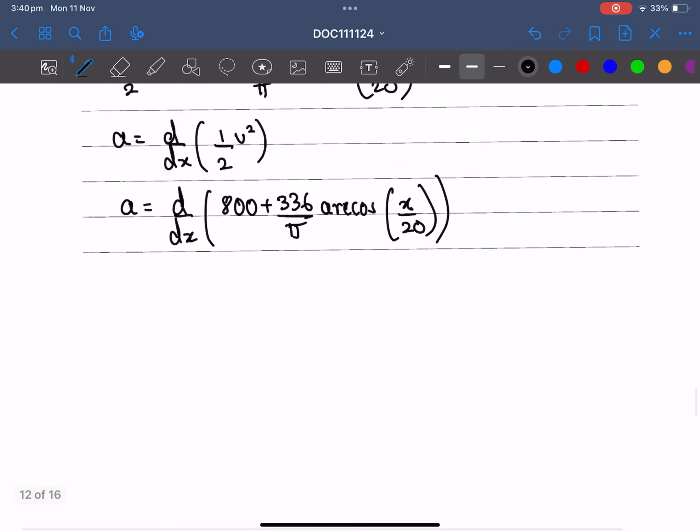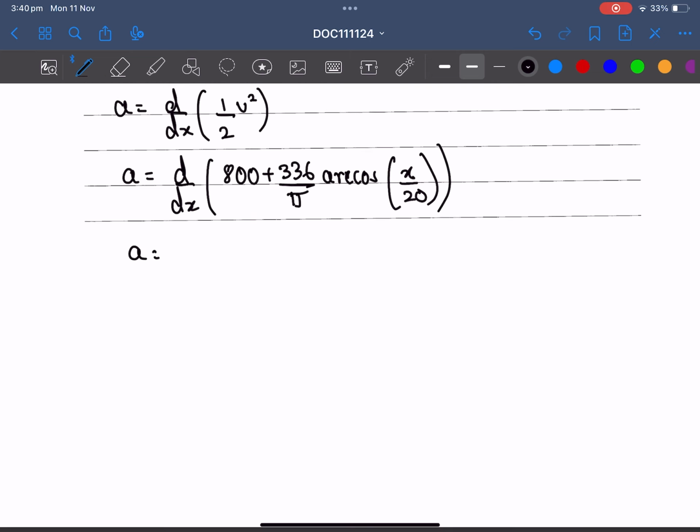Okay, so let me pull out the formula sheet for differentiating the cos inverse. So our a is going to be 336 on pi times negative 1 on 20 divided by the square root of 1 minus x on 20 whole squared.